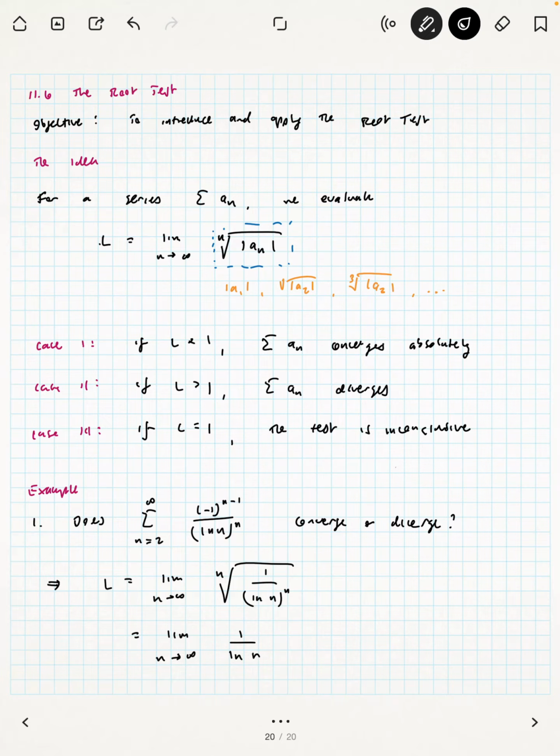Now, ln of n as a sequence diverges to infinity, which means the sequence 1 over ln of n will converge to 0, which is less than 1. Since L is less than 1, it's equal to 0, the series converges by the root test, right?